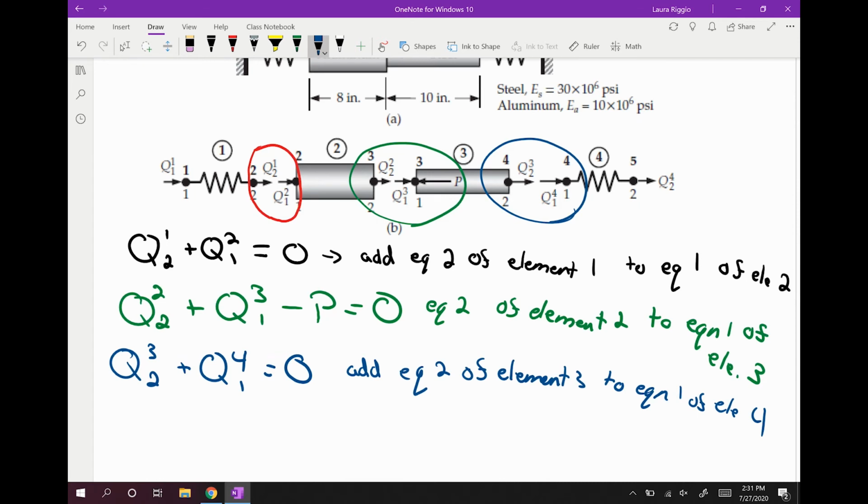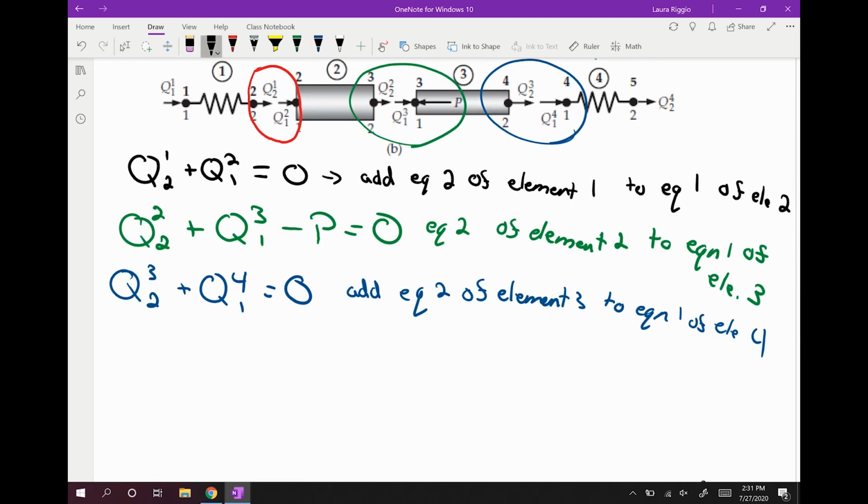So what does our system of equations look like? Well, our first equation is equation 1 of element 1, which is K1 U1 minus K1 U2 is equal to Q11.